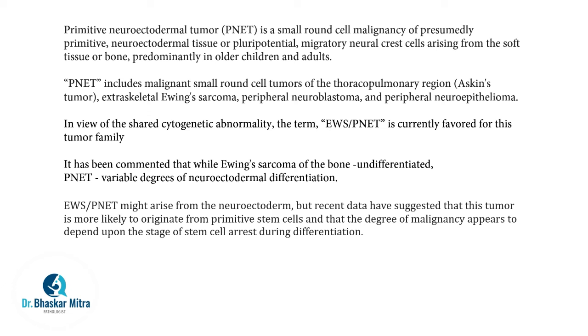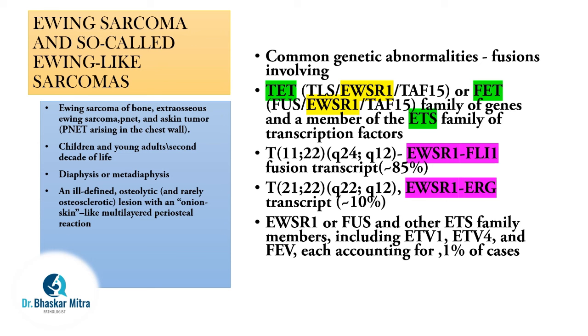There may be peripheral neuroblastomas. These are different things, but currently they share common cytogenetic and morphological features, so they are collectively termed the EWS family group of tumors. And one most important thing, they are the most undifferentiated tumors.